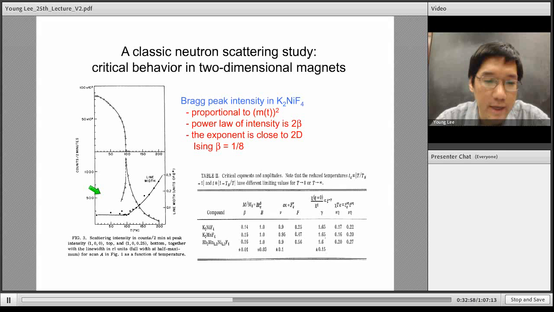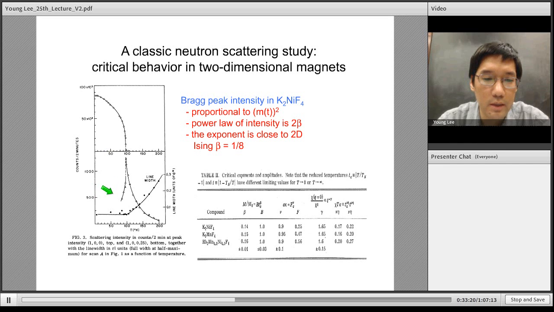This is not at a Bragg position. This is slightly off a Bragg position, but there's a rod of scattering that occurs, which I'll discuss a little bit more. And you see these apparent divergences of the intensity as you approach this critical temperature on cooling, and then here on warming.